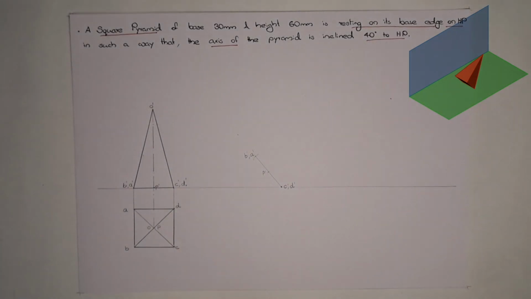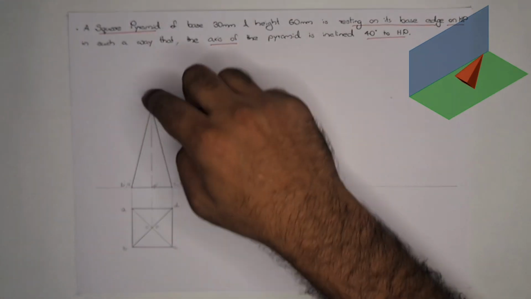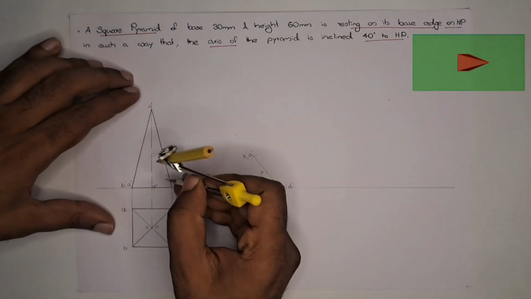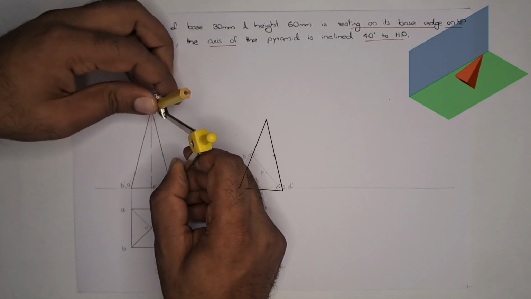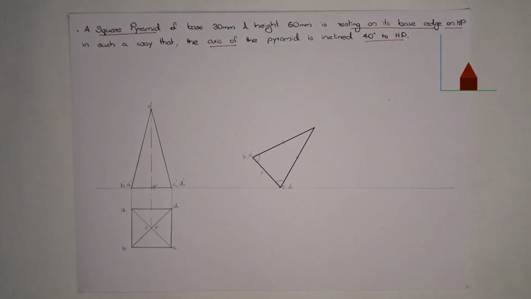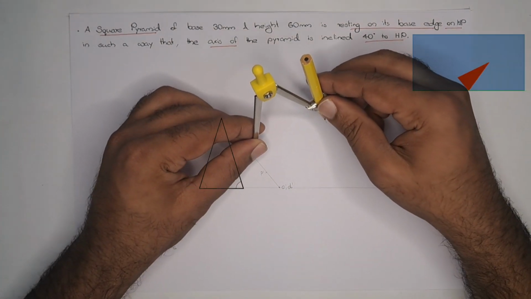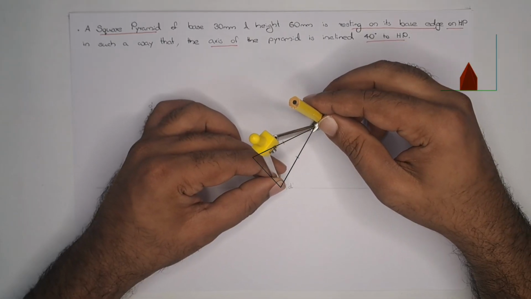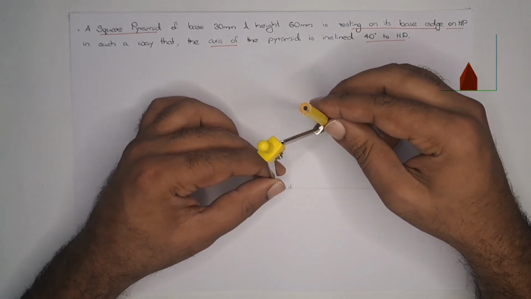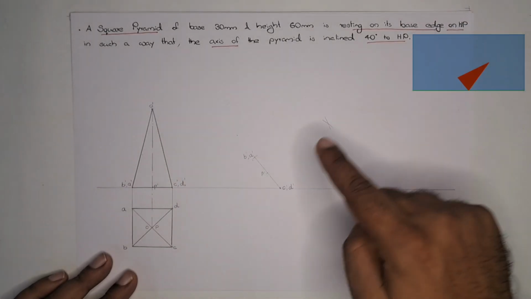Now we can plot the point O from C and B. We plot BO and CO over here.